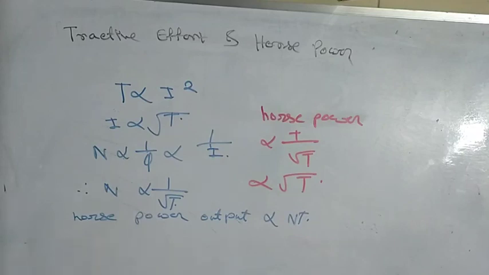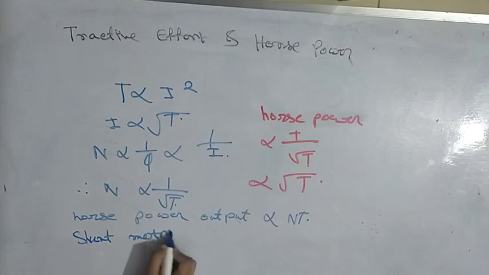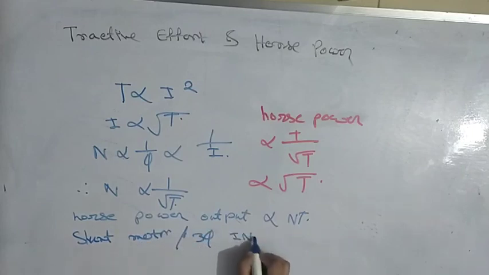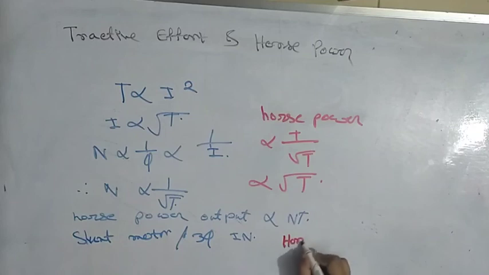However, in case of DC shunt motor or three-phase induction motor, the speed is practically constant, and hence for shunt motor or three-phase induction motor, horsepower is proportional to T. Thus, power from the supply is directly proportional to torque, and this shows that for same torque to be developed, the power input to DC shunt motor or three-phase induction motor is more than in case of series motor.